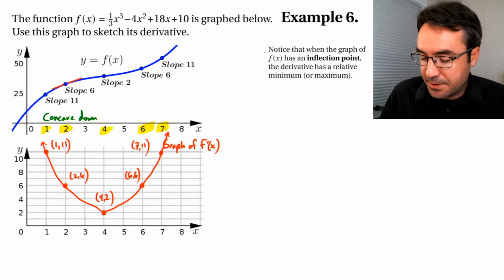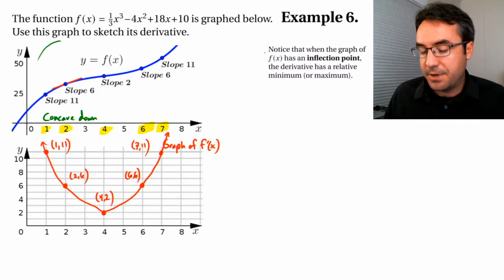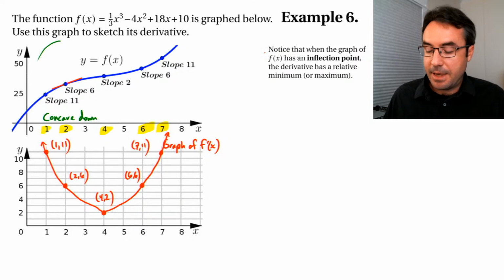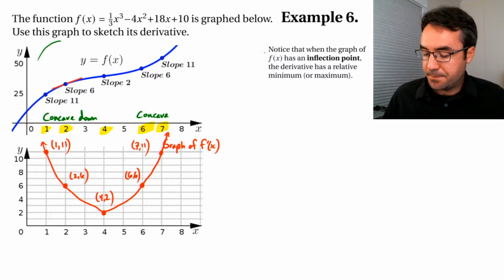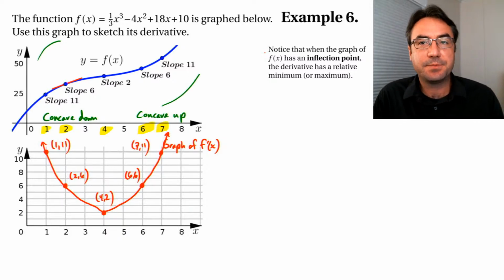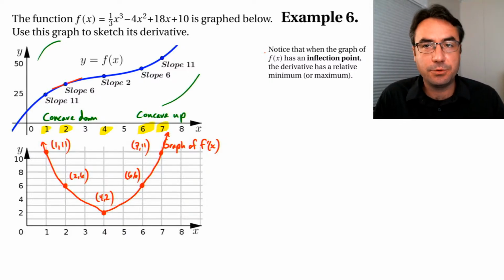It has that sort of downward bend to it. And then on this section over here, it looks to be concave up. So it has part of that U shape, that concave up U shape.